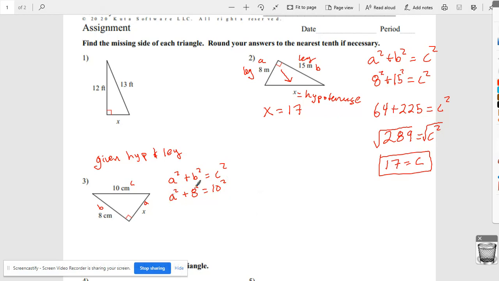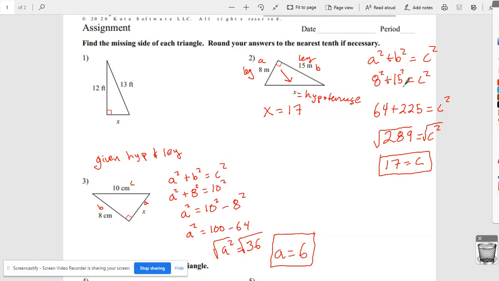So if we want to solve this for a squared, it's going to be 10 squared minus 8 squared, which we know is 100 minus 64. So a squared is equal to 36. Take that square root. We know that the square root of 36 is 6.